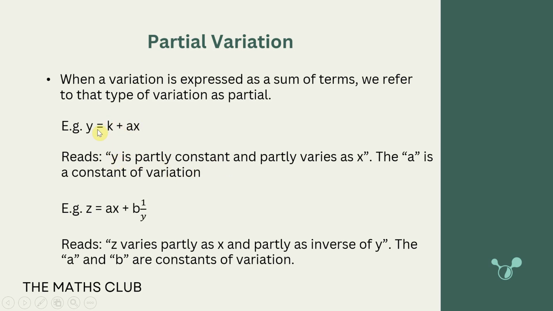But if it was like y is equal to kz, we would have said y varies partly as z and partly as x, because that's a direct relationship. But in this case, we had ax plus b times 1 over y. So z varies partly as x and partly as the inverse of y. You might want to rewatch this part one or two times until you get it.